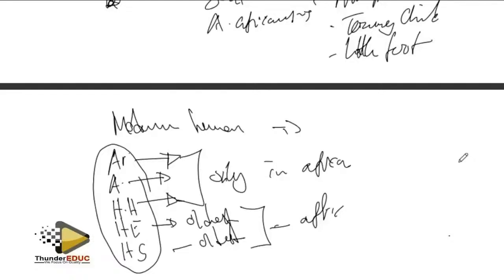So if the mutation occurs, we can use it to trace the lines of descent. And if we trace them, it brings us back to Africa. That's why it's called the mitochondrial Eve. And then cultural evidence, you talk about the oldest tools discovered in Africa, and those are called the Oldowan tools.